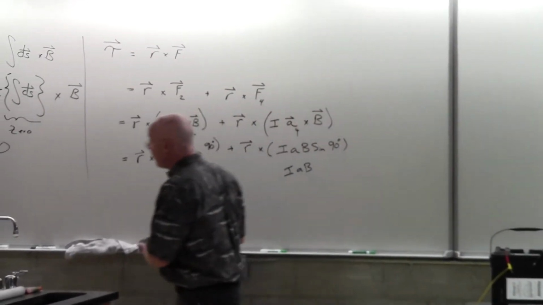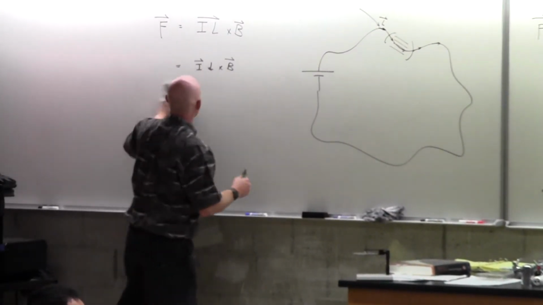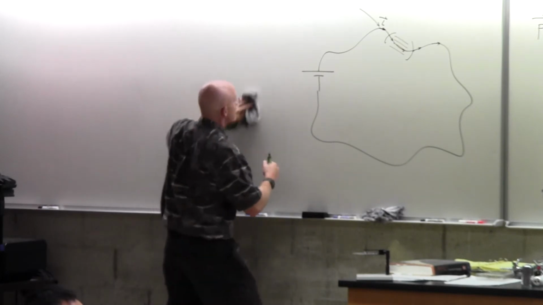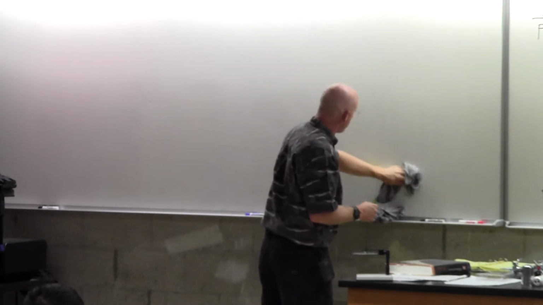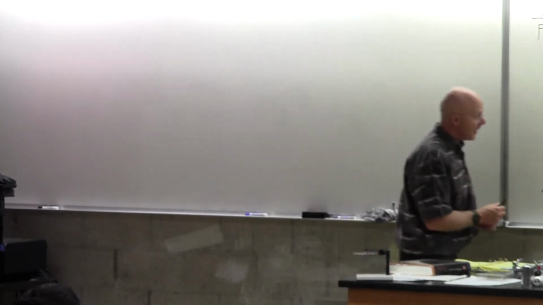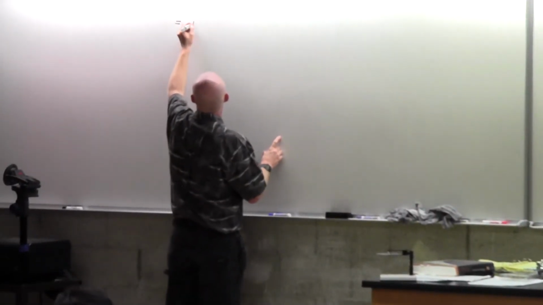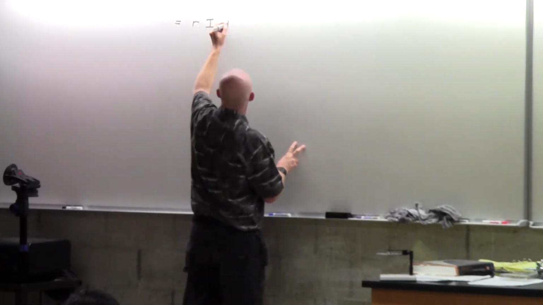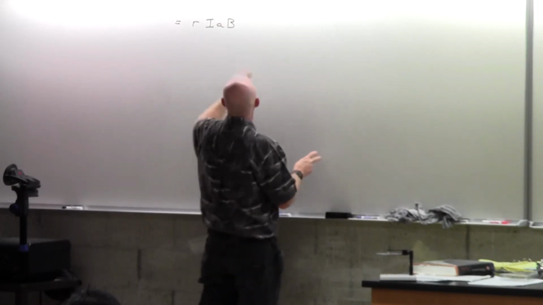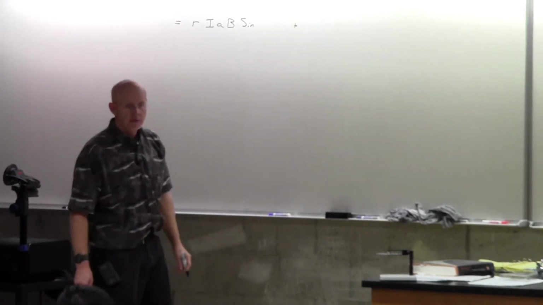All right, so far I've simplified that a little bit. Now, let's do the second cross product. The second cross product comes from the equation for torque, the R cross the F. And so if I put these together, this would be the magnitude of R, the magnitude of I, A, and B, and then the sine of what?